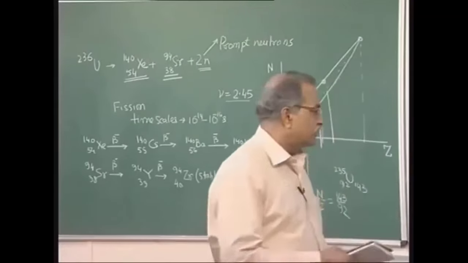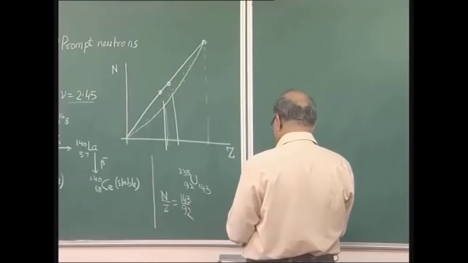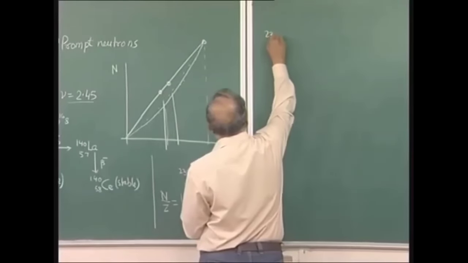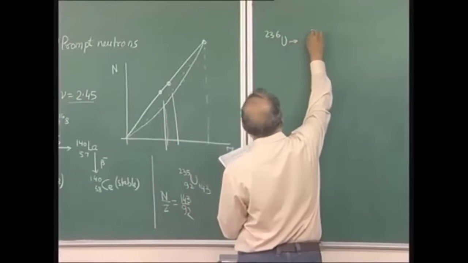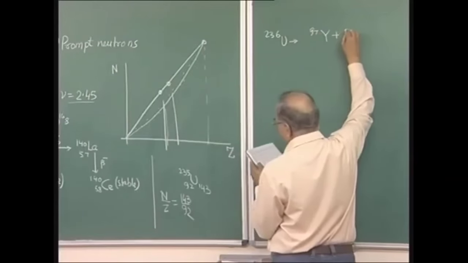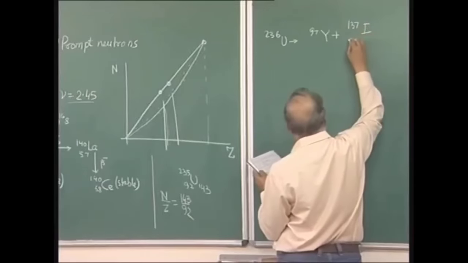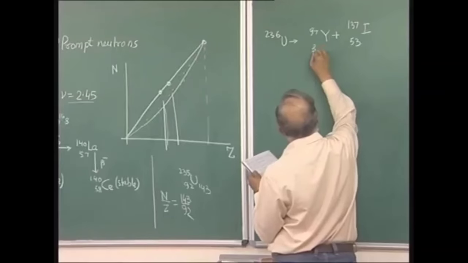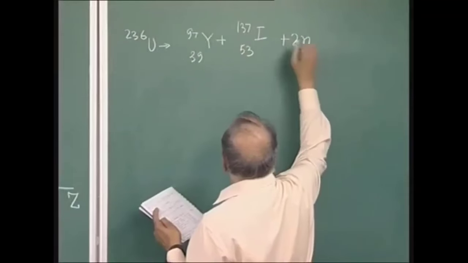One more reaction I will write. Let us say uranium 236 going to 97 yttrium plus 137 iodine. Iodine has Z equal to 53 and yttrium has Z equal to 39. And plus 2 neutrons, these are the prompt neutrons.